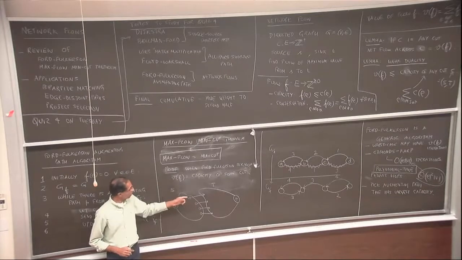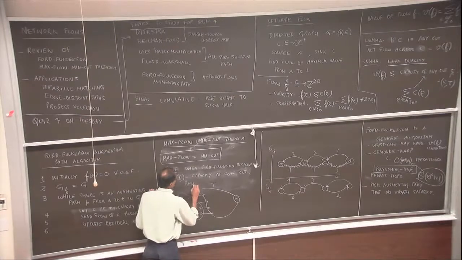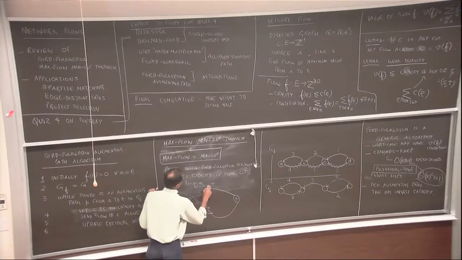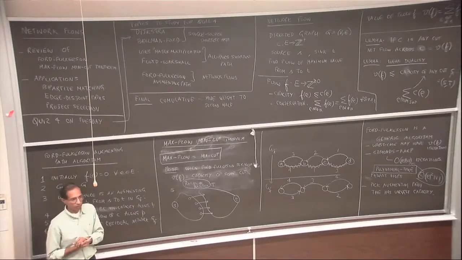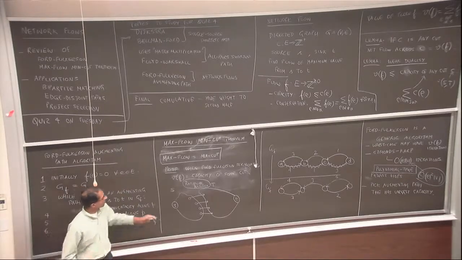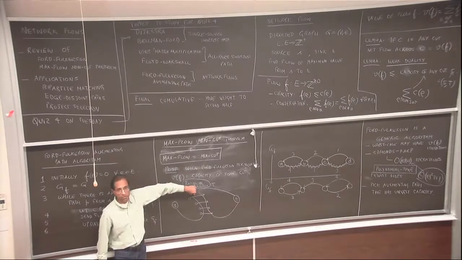Remember, this is the residual network. So in the original network, how much flow is going across if this has capacity 0 in the residual network?